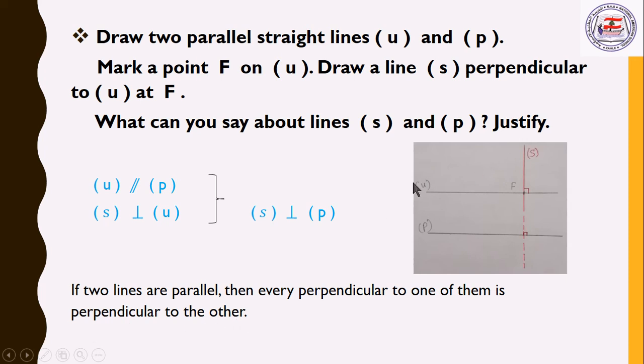If S is perpendicular to U, then it is perpendicular to P because U and P are parallel.